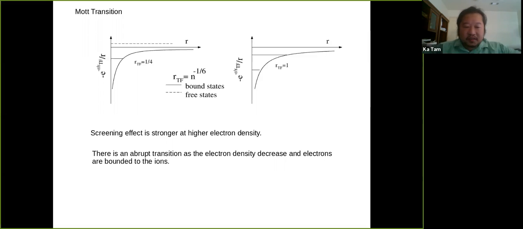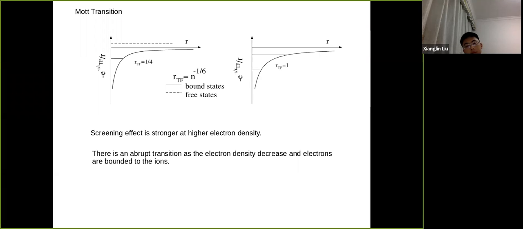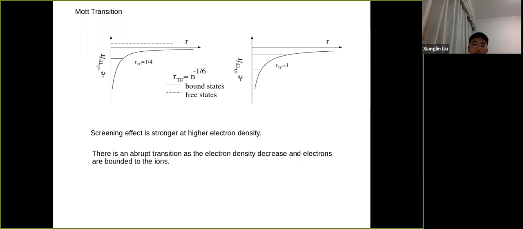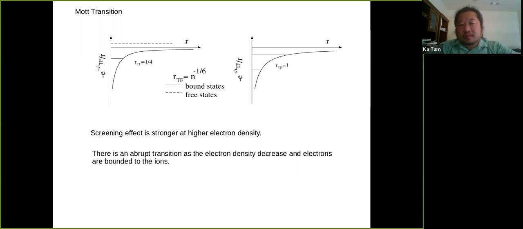If the density of electrons gets high, it becomes metallic, because the screening is so strong. But when the screening becomes weaker and weaker due to the decrease of electron density, the electron binds to the ion core and it becomes an insulator. This is the conceptual idea of the Mott transition.